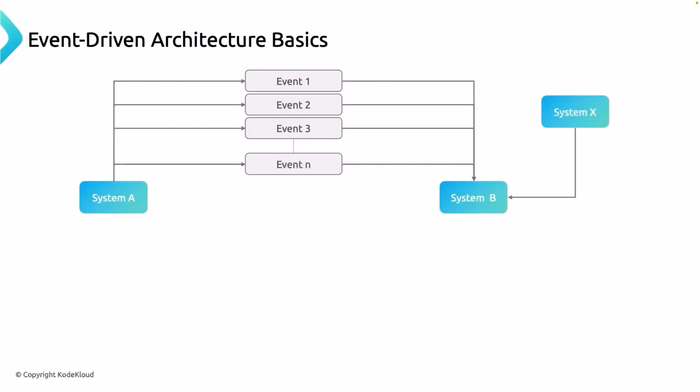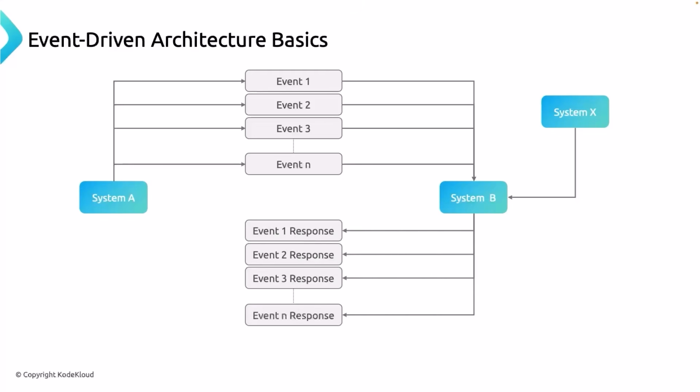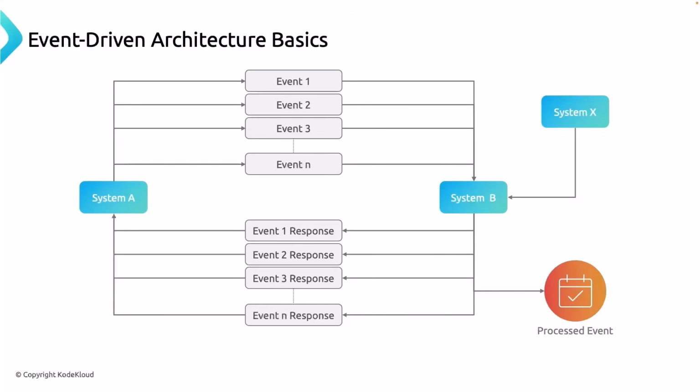Then system X is going to consume it. But the work doesn't stop here. System B also needs to send back the event response to system A. Now, all of this at scale is going to put so much load on our systems. We might have issues when processing these events, or we might have issues when sending back the processed events to system A.